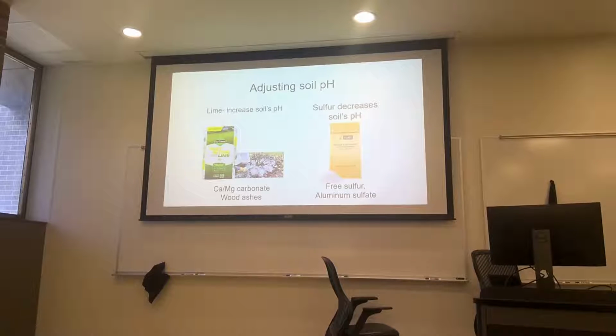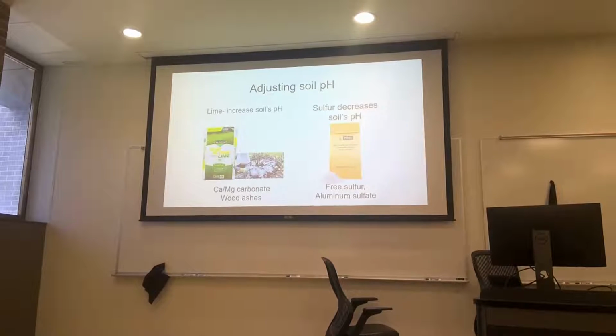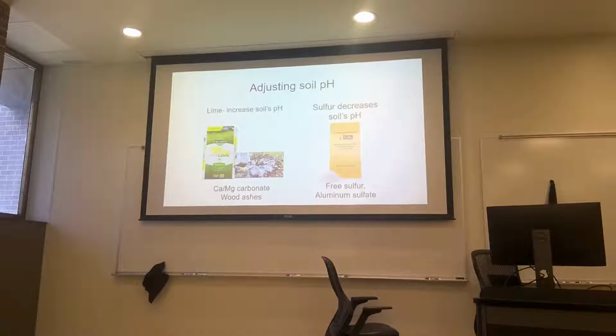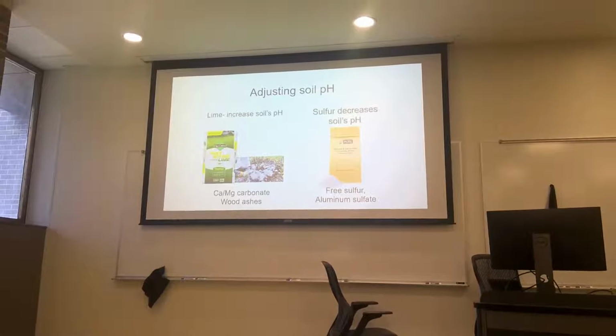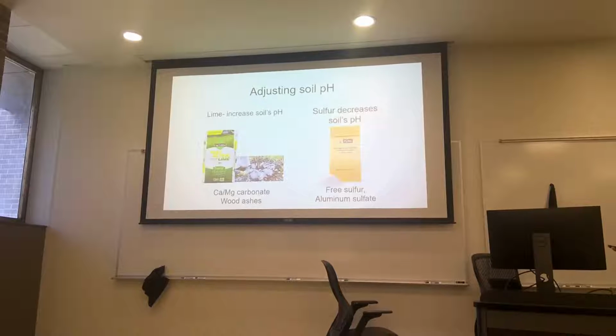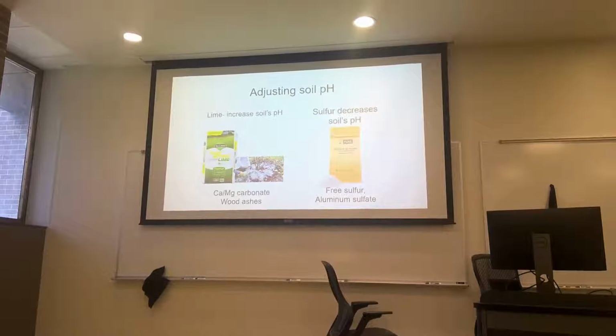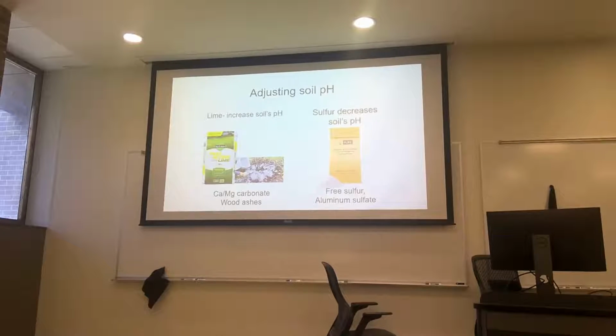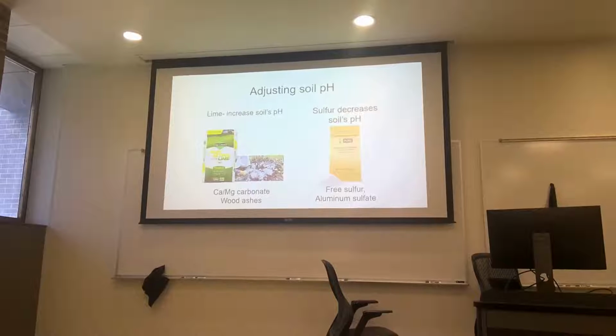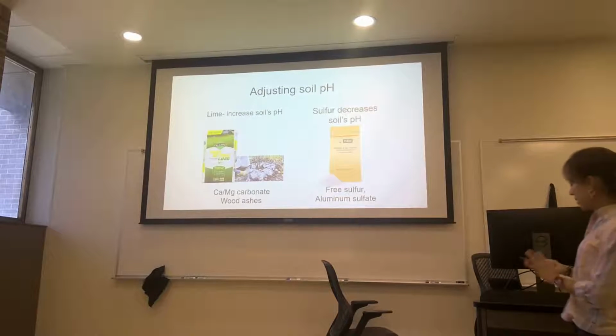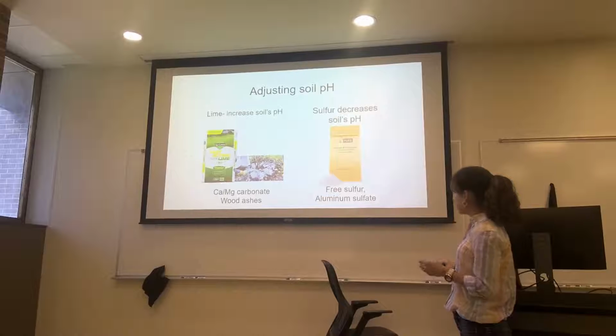And so different options will be, in these cases, ammonium, because ammonium, when it dissociates, is going to release hydrogen, as we saw the previous time. Sulfur, eventually, if it associates with bacteria, is going to give you sulfuric acid, and in turn, lower the pH. So sulfurs will decrease pH, and limes will increase the pH of your soil.